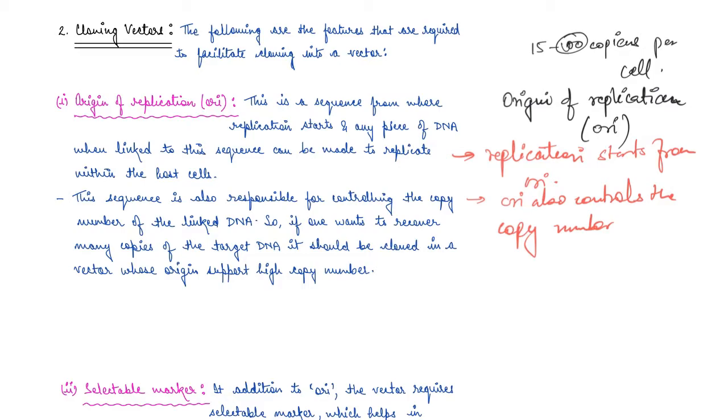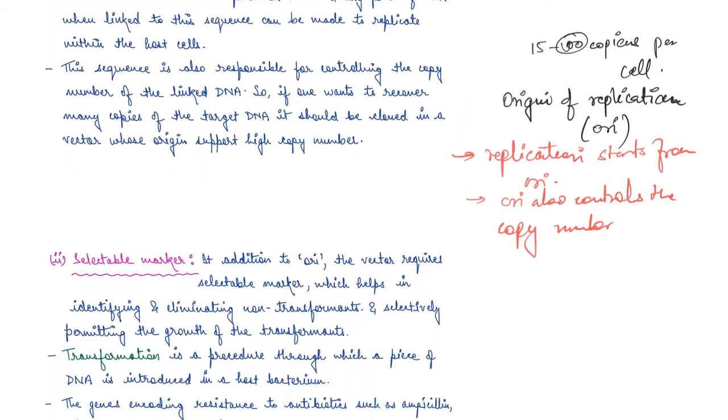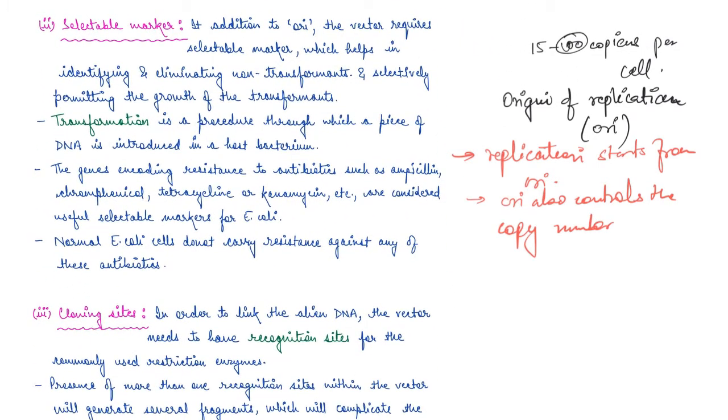Now the second feature is the selectable marker. What are selectable markers? In addition to the origin of replication, the vector also requires a selectable marker.